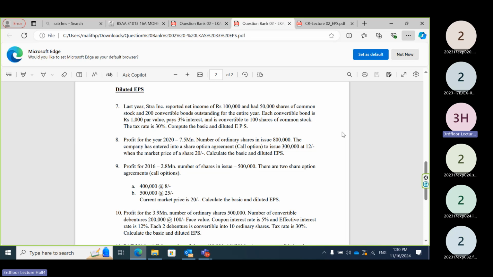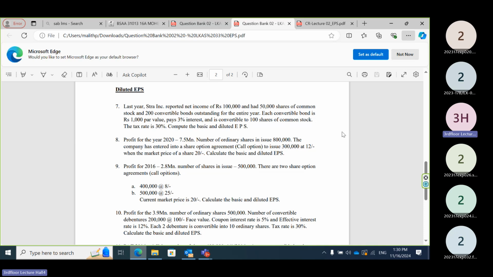Like the previous question, your diluted earning per share may be higher than your basic EPS. But if you have a warrant option, it's sure that your value is lesser. Why? You don't have anything to add to your numerator, right?